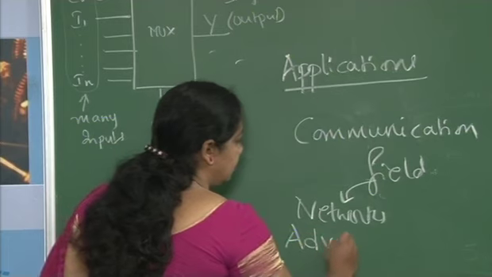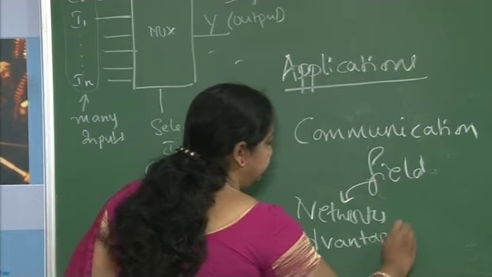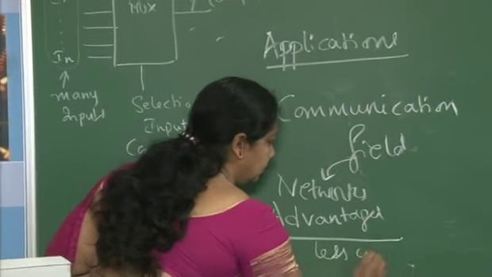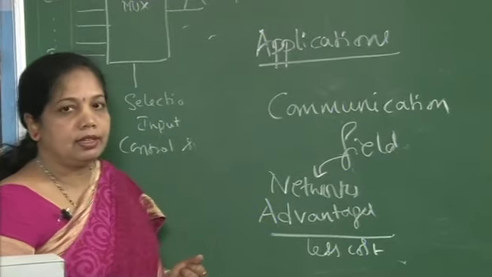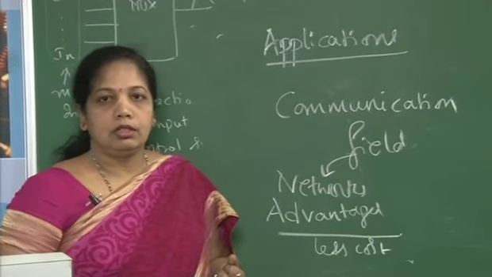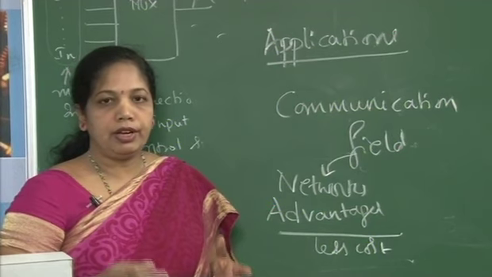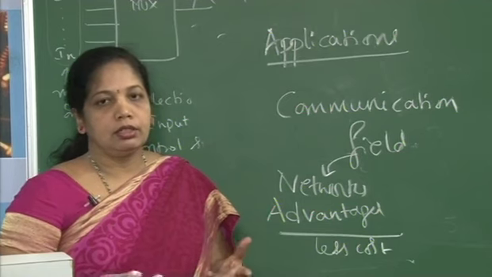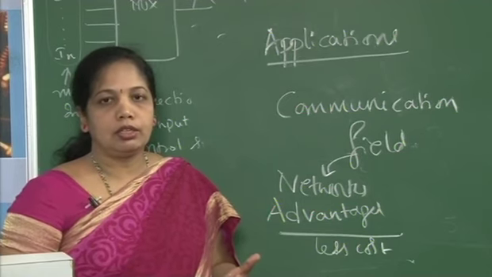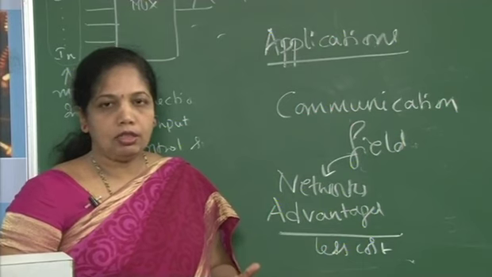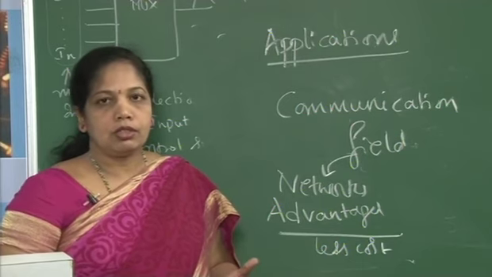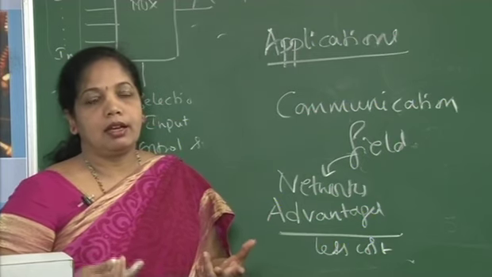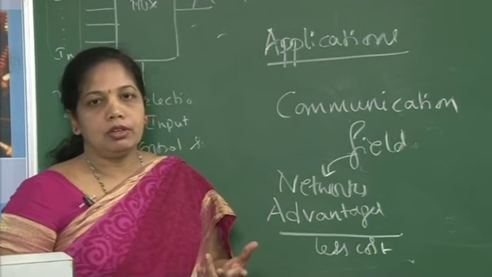Then I will talk about the advantages. Less cost. Why is it less cost? Because instead of building different circuits for multiple sources, each circuit being a tedious, huge circuit, I can redirect all these multiple sources onto a single line, and whenever required, send or redirect to the output based on selections.